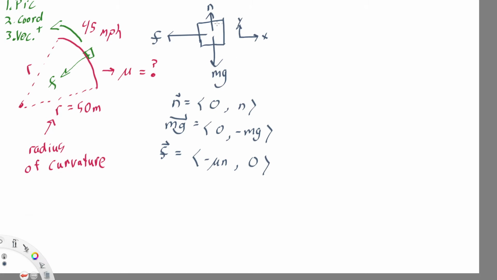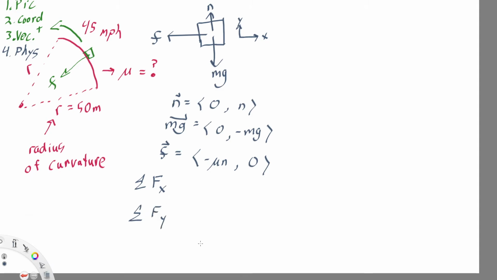But in our kind of boring gray version here, if we want to apply Newton's second law, then a sum of forces in the x direction and a sum of forces in the y direction is appropriate.